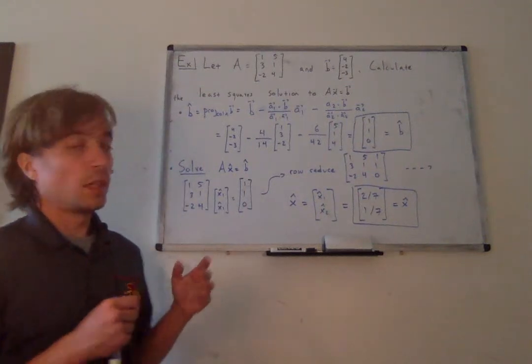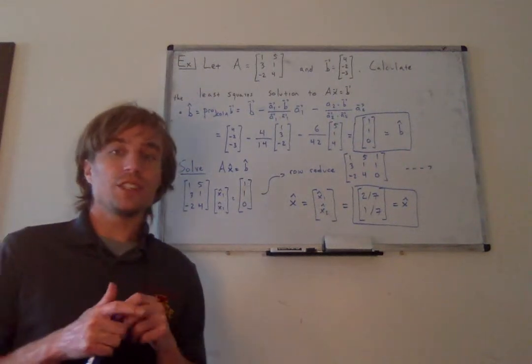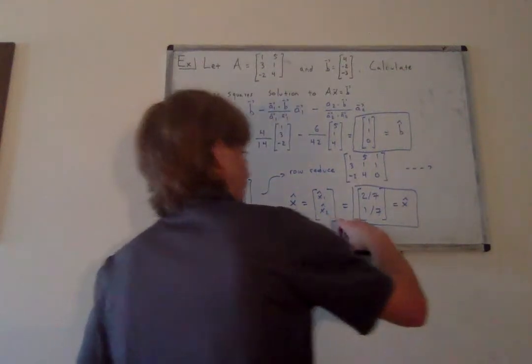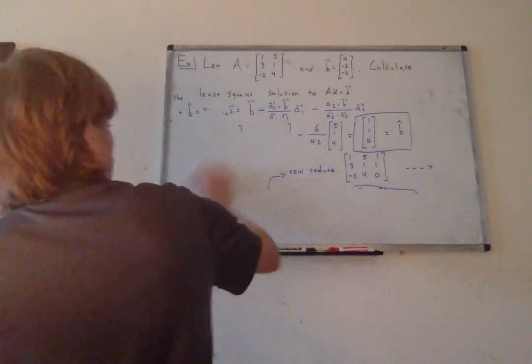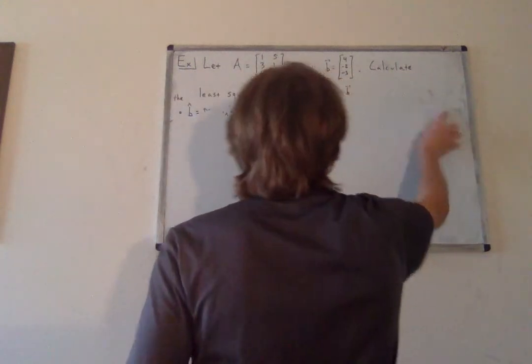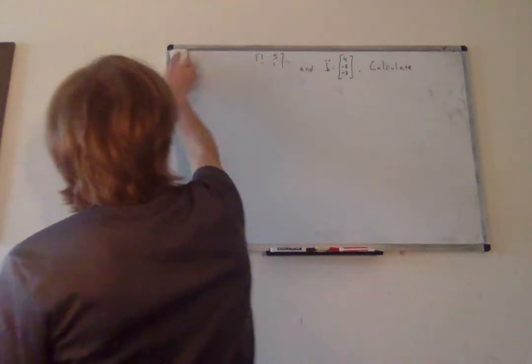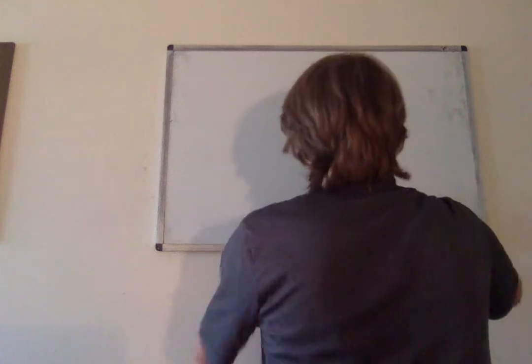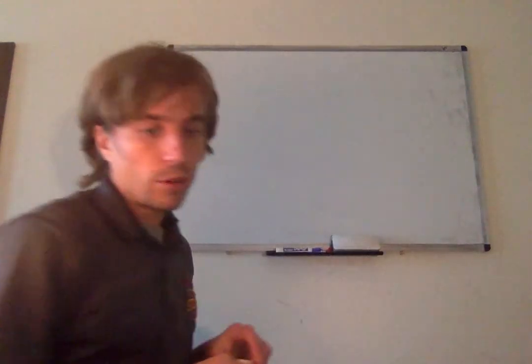So there's one more way that we can find least squares solutions. And I'd say I'd probably never recommend doing it this way by hand. It's kind of funny, so I'll state the theorem and then we'll start the example.